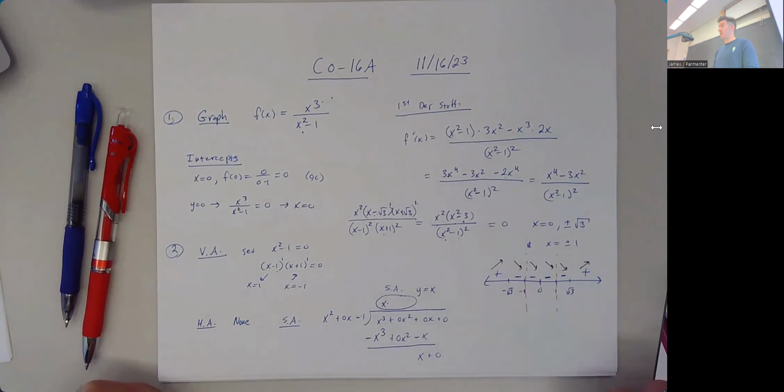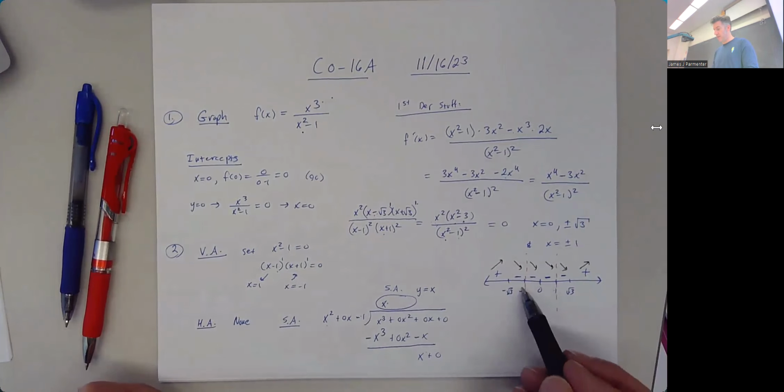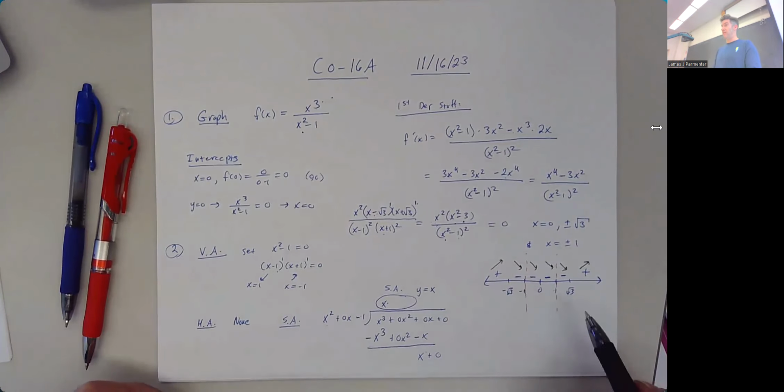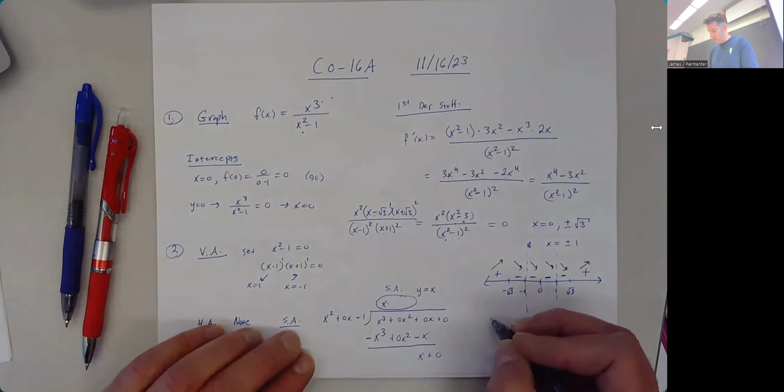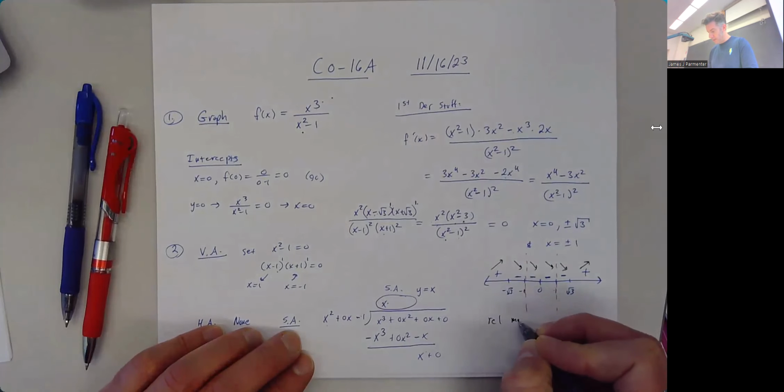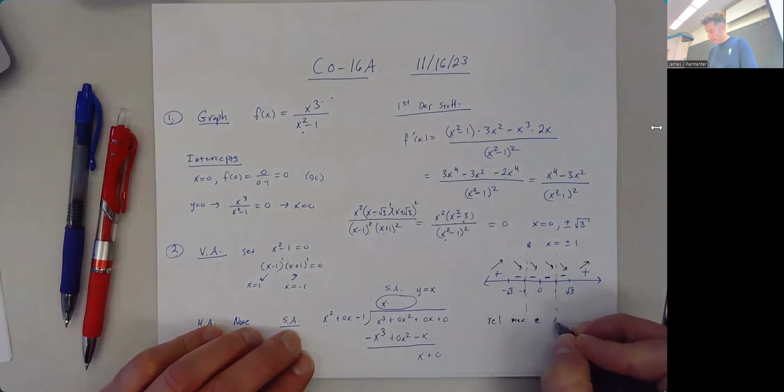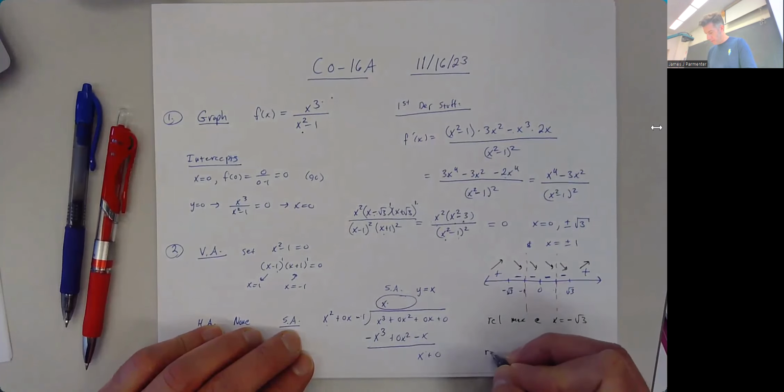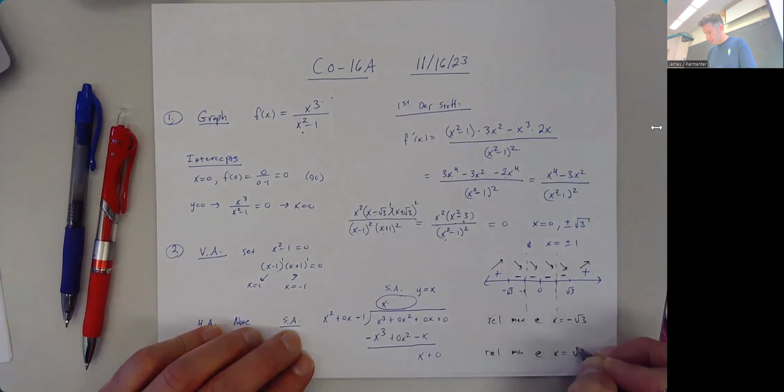At negative square root of 3 and also positive square root of 3. And not at -1. Well, definitely not at -1 because they're not even real critical values, but also not at 0 because it's down on the left and down on the right. So we have a relative maximum at x equal to the negative square root of 3. We have a relative minimum at x equal to the positive square root of 3.